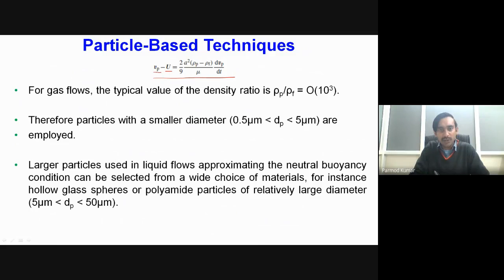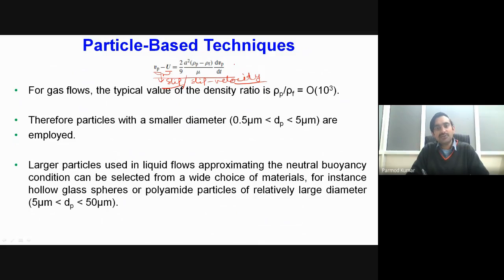Okay, so we get this simplified relationship. Now in this equation, you can see on the left hand side we have a difference. This difference between the particle velocity and the flow field velocity is known as slip, or sometimes slip velocity. The basic condition for using particle based techniques is that we should have zero slip condition.